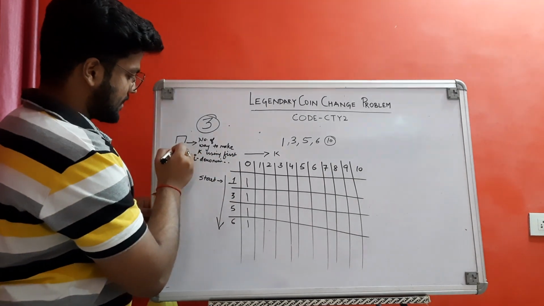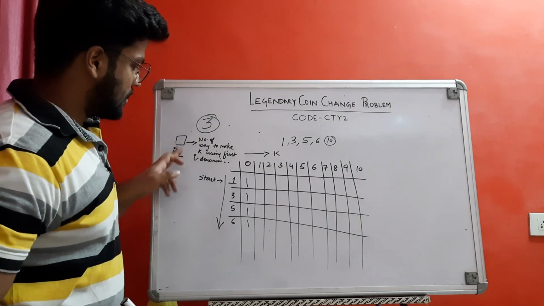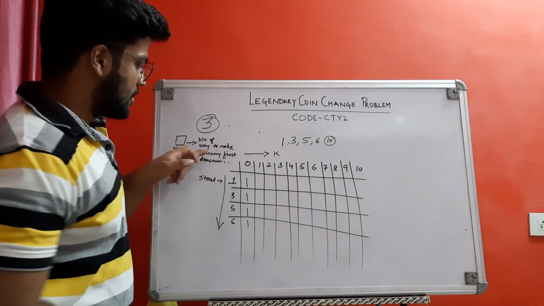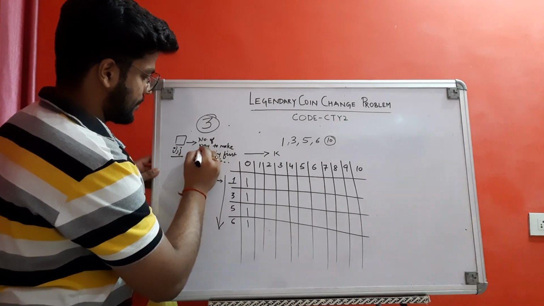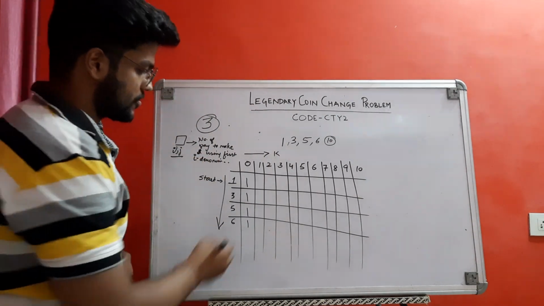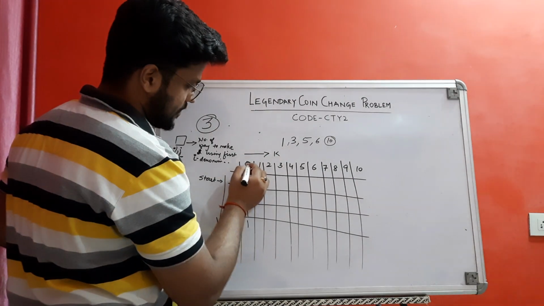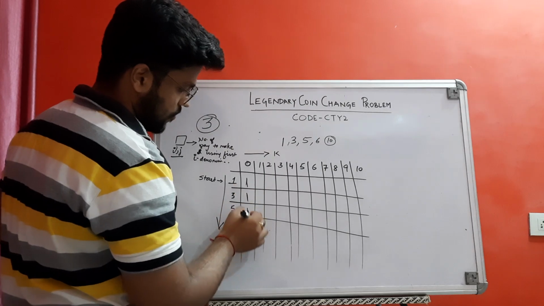This will be a single cell telling me the number of ways to make j sum using the first i denominations. So if I don't use any denomination, it is always possible to make 0, 1.